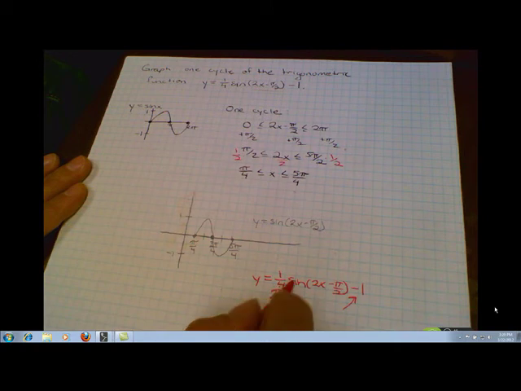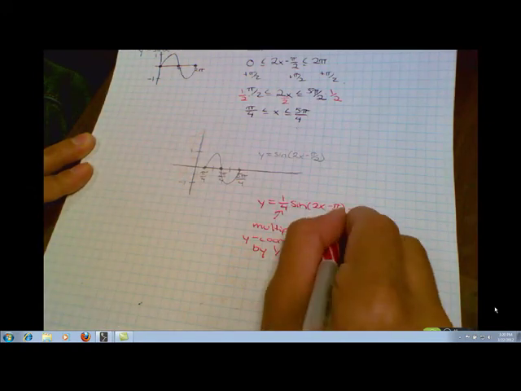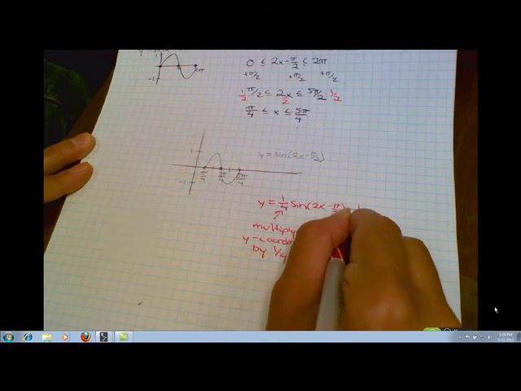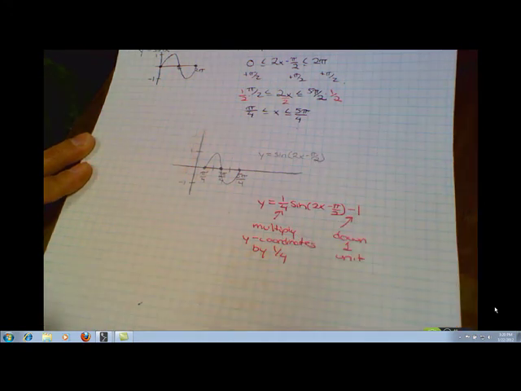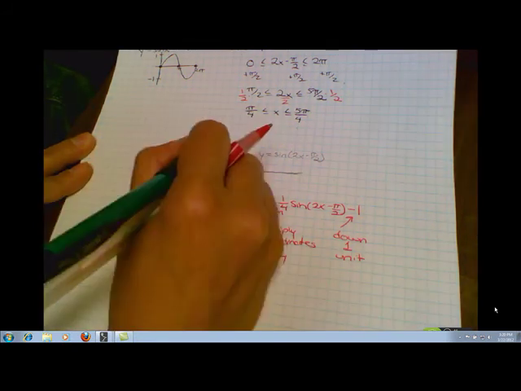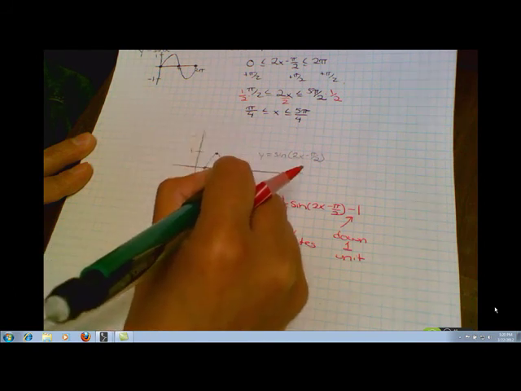When we have a constant times our basic function, that's going to result, in this case, in vertical compression, because this constant is between 0 and 1. So we should multiply the y coordinates by that constant, in this case 1/4. Let me slide the paper. And minus 1, we should shift the graph down 1 unit.